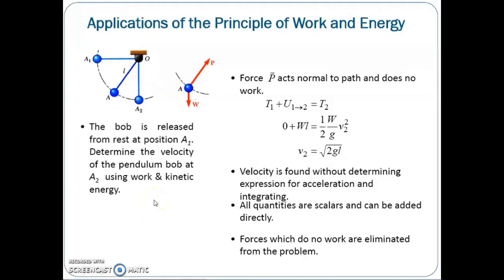We can first determine the work done during the displacement from A1 to A2 by the force acting on the bob. We can draw a free body diagram of the bob as shown here, showing the actual forces acting on it. We have the weight W and the force P exerted by the cord. And we know that this force P does no work because it's normal to the path.